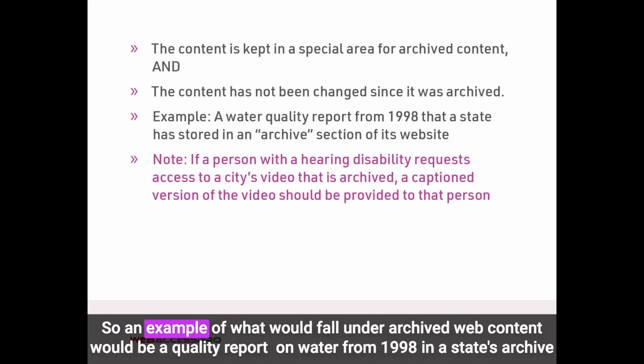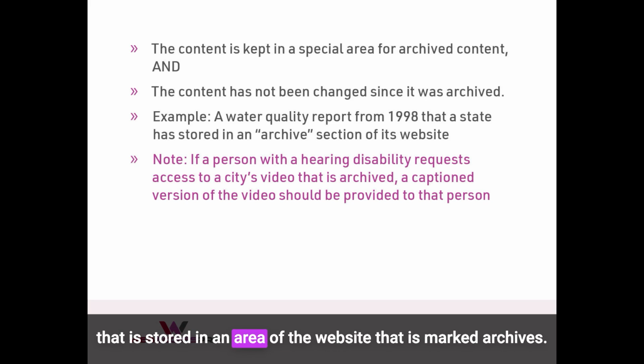So an example of what would fall under archived web content would be a quality report on water from 1998 in a state's archive that is stored in an area of the website that is marked archives.